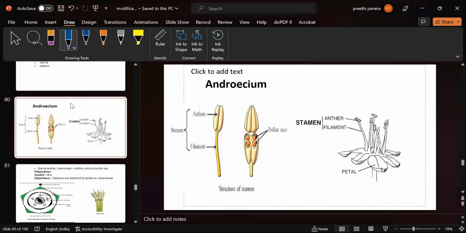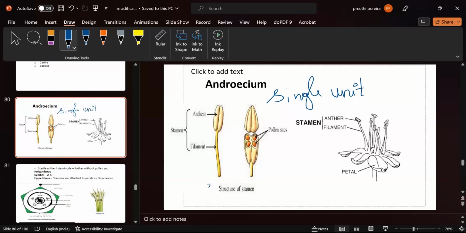Okay. Next, we are studying about androecium. So, what is androecium? Androecium is the male reproductive structure. A single unit of androecium is known as a stamen.